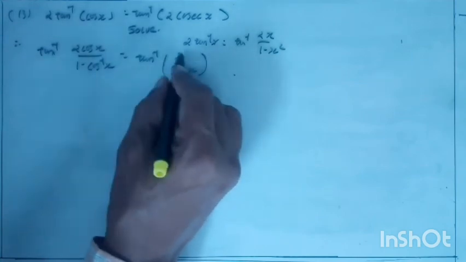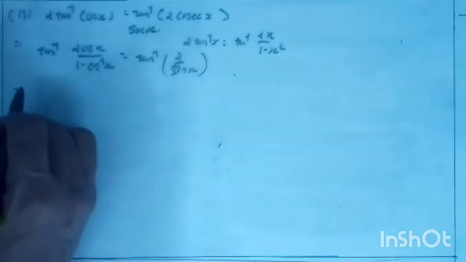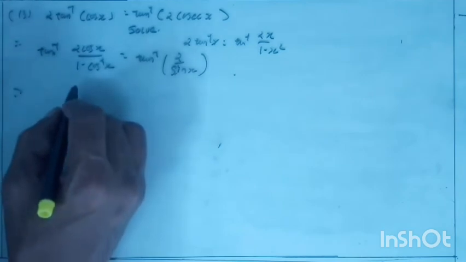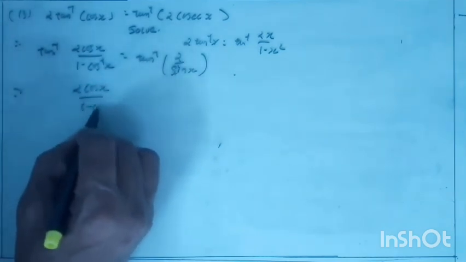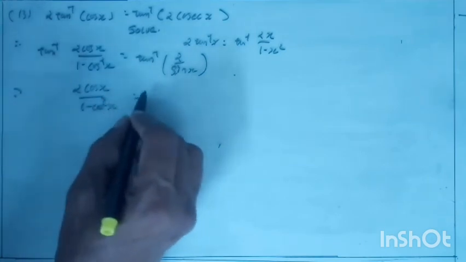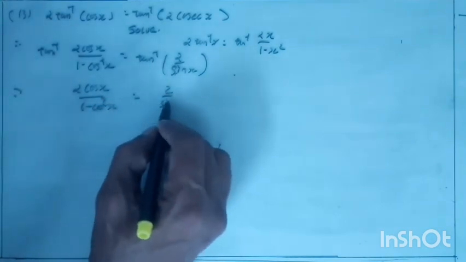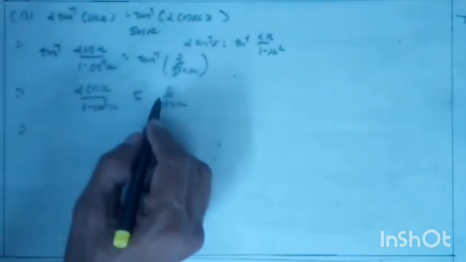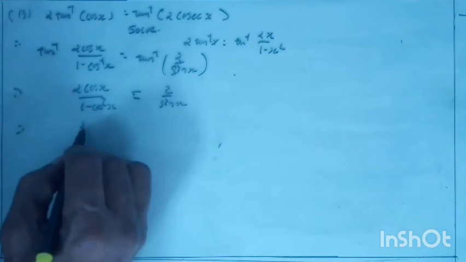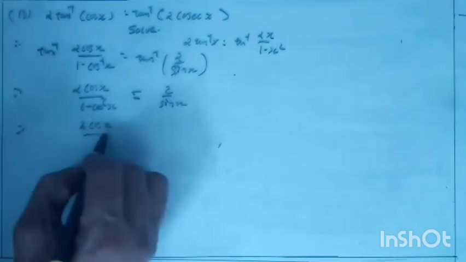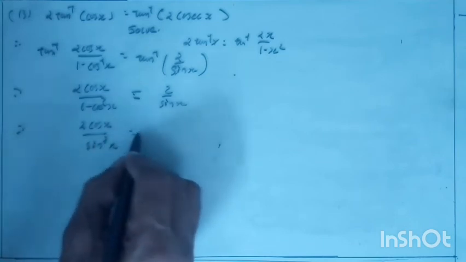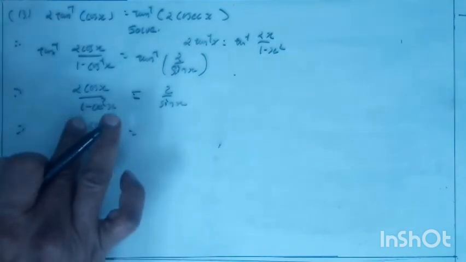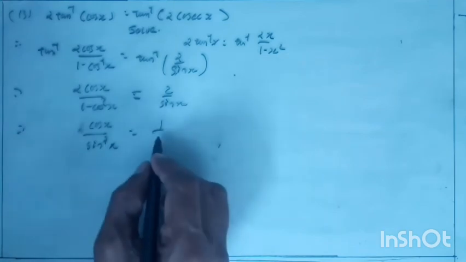So here 2 upon sin x. Therefore tan inverse from both sides cancels, and we get 2 cos x upon 1 minus cos square x, that is sin square x, is equal to 2 upon sin x.